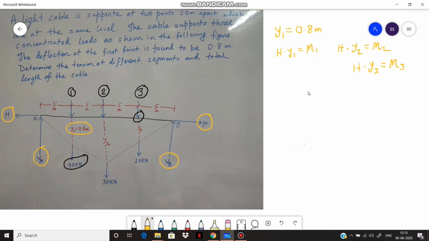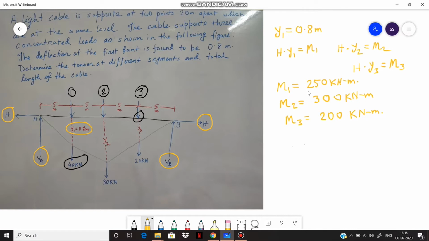And we get from the initial calculation M1 equals to 250 kilonewton meter, M2 equals to 300 kilonewton meter, and M3 equals to 200 kilonewton meter.